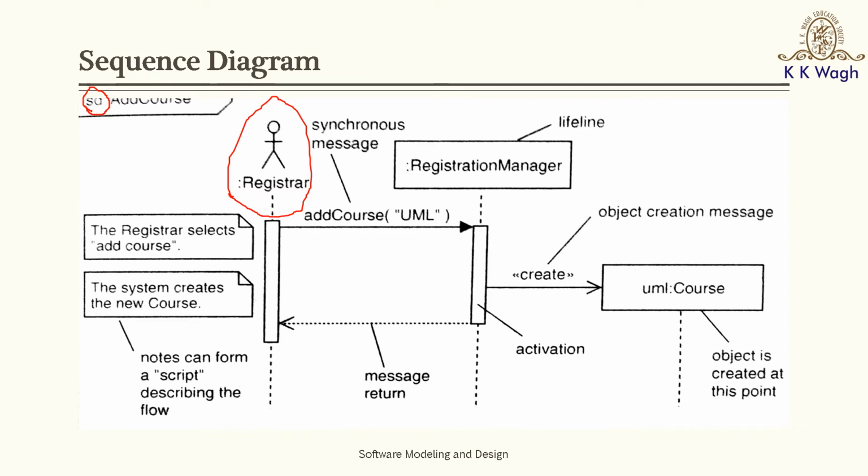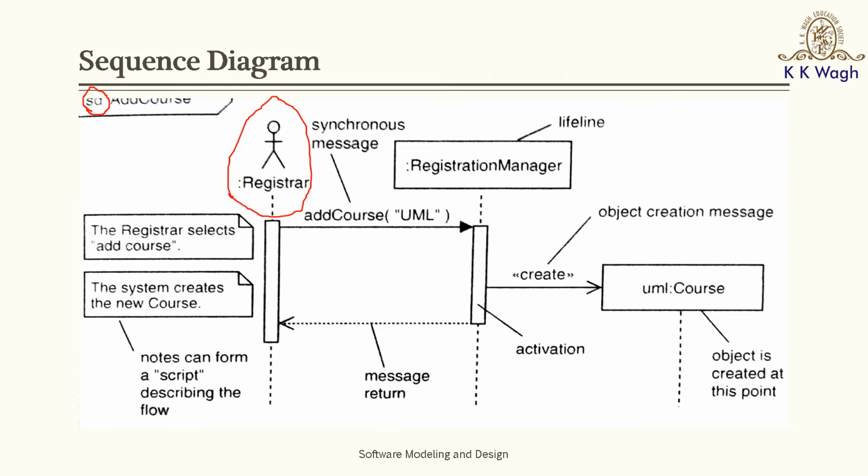These rectangles are called activations or focus of control. So basically what it indicates is that the communication between two things, or we can say actor and lifeline, or two lifelines, has started. This is indicated by an activation on the dotted arrow.